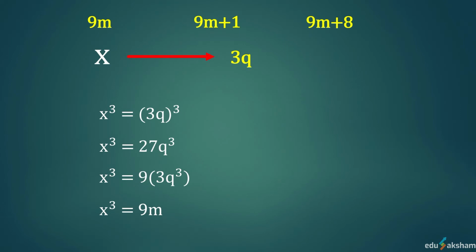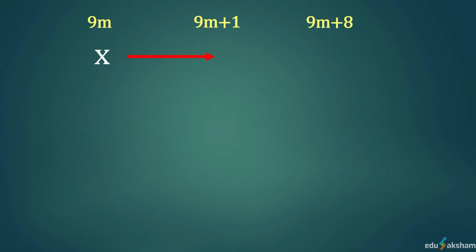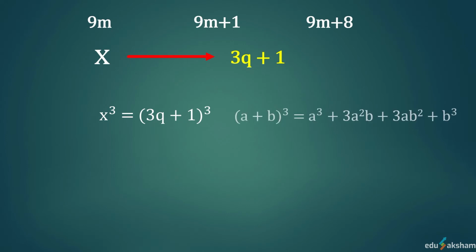So we can see that when we take the value of x as 3q, its cube is of the form 9m. Moving on to the next possibility of x, which is 3q plus 1, we will take a cube on both sides of the equation, which gives us x cube equals 3q plus 1 whole cube. Now we will use the expansion formula a plus b whole cube equals a cube plus 3a square b plus 3ab square plus b cube to expand 3q plus 1 whole cube.